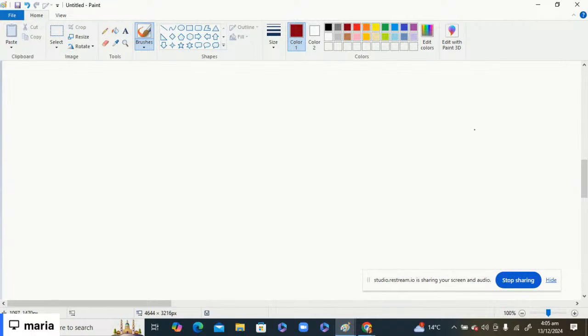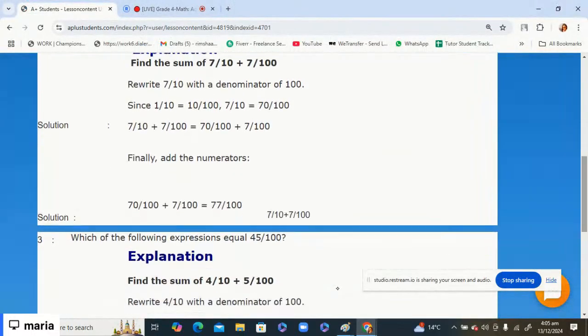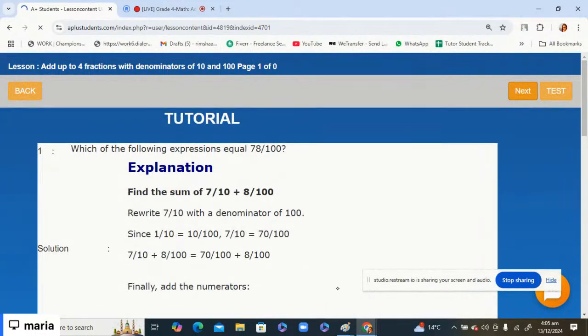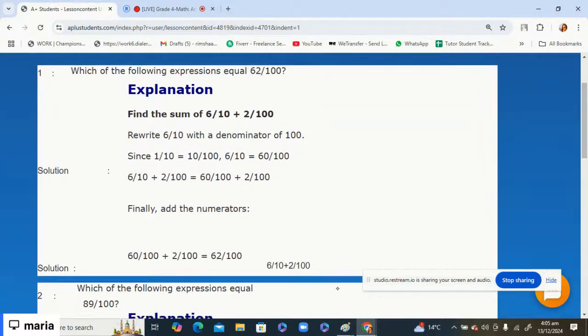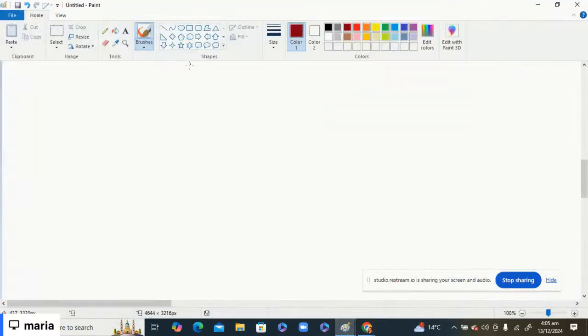For example, let's take some questions from here. 62 over 100. For example, if some number is like 10 over 100, how can we solve it?